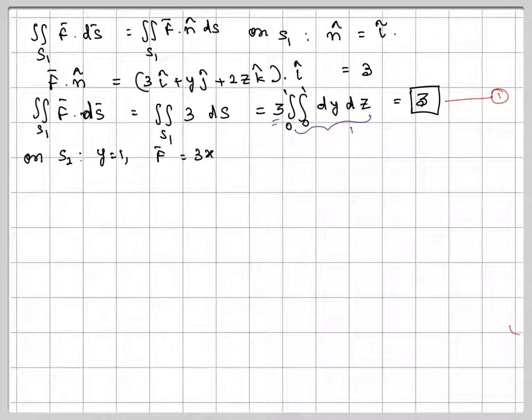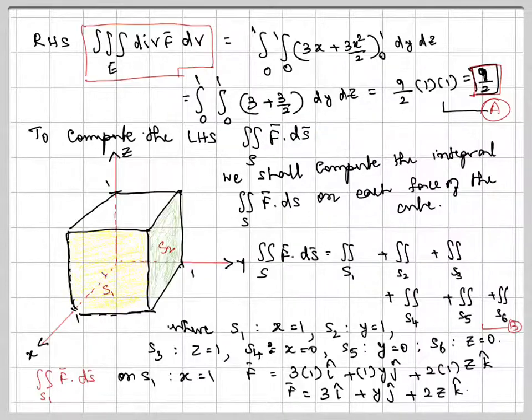On S2, y equal to 1. If you compute F by substituting y equal to 1, we get F equal to 3xi plus xj plus 2xzk. If you look at this side, S2 is shaded in green.